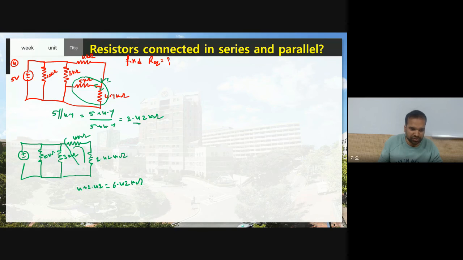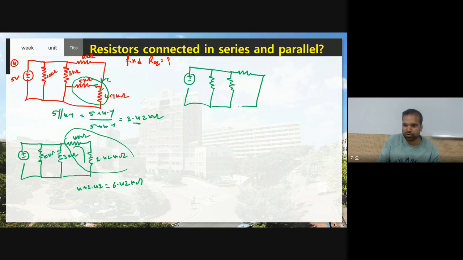Now instead of these two resistors, can I replace a single resistor with 6.42 kilo ohm? Yes. Now this is the voltage source, 10 kilo ohm, 3 kilo ohm, and 6.42 kilo ohm. Of course we have a voltage source with the value of 5.